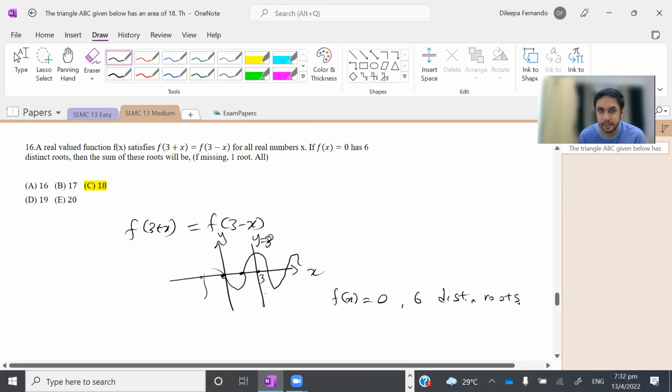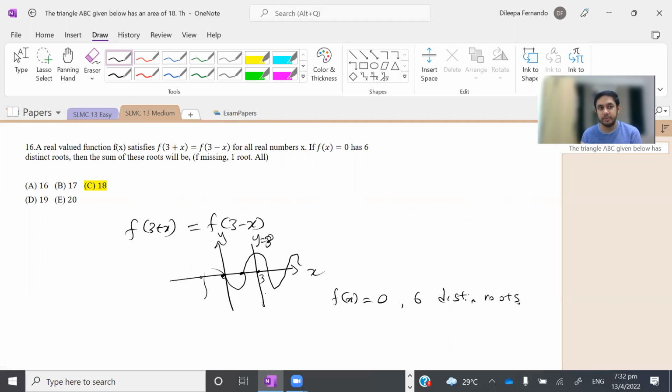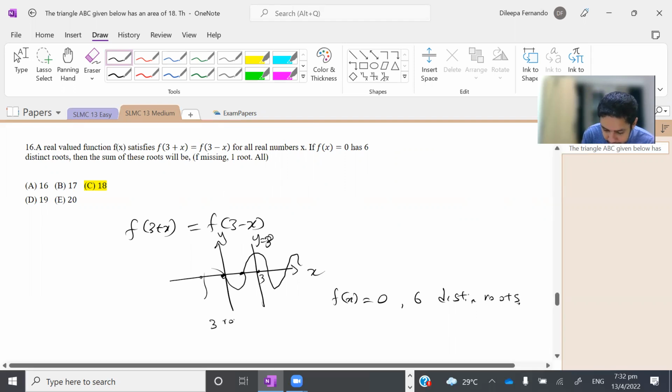So that means, you can see that there are 6 distinct roots. That means you have 3 roots at left, 3 roots at right.